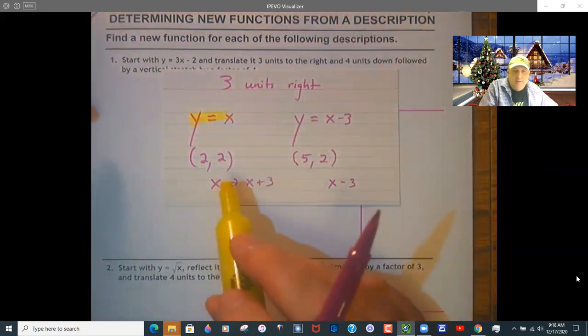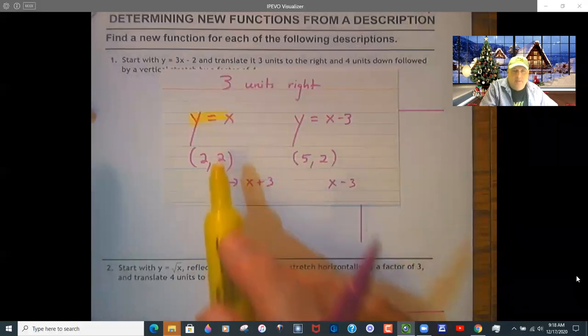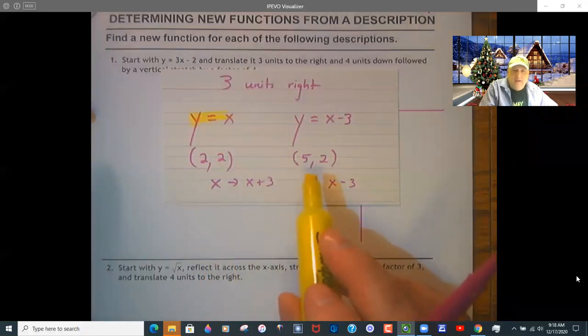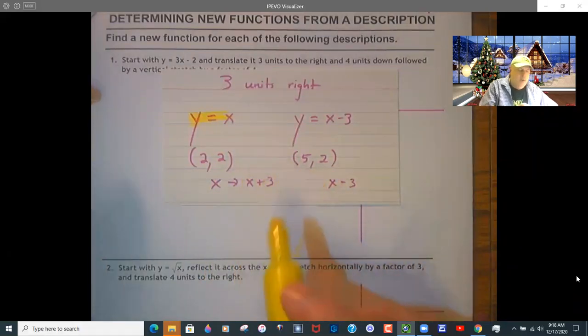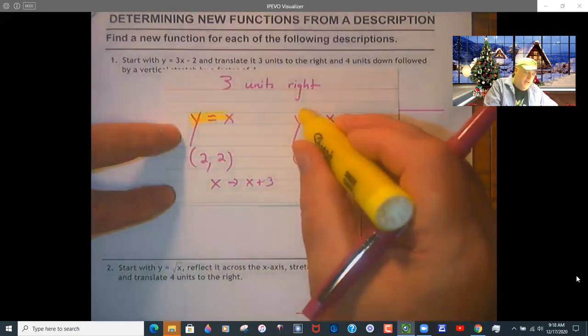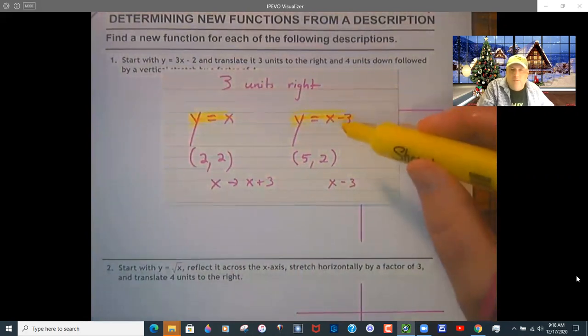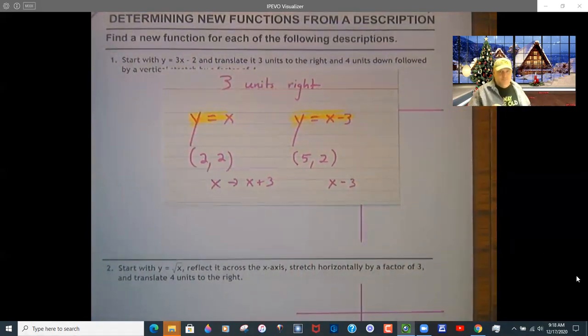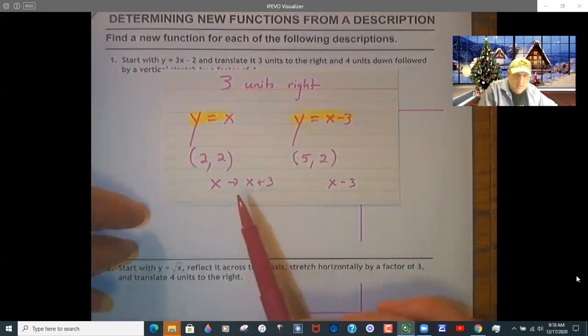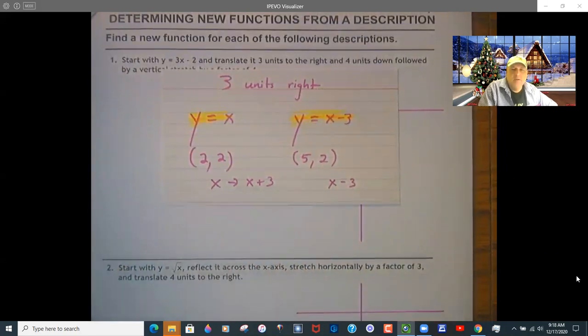So if we had the point 2,2, that would be on y equals x. It would go to the point 5,2. But notice for the point 5,2 to be true, the function goes to y equals x minus 3, which is opposite from the description. This is the description here. X goes to x plus 3.